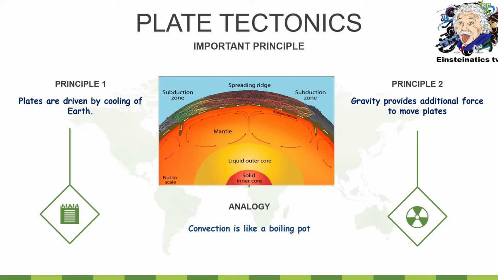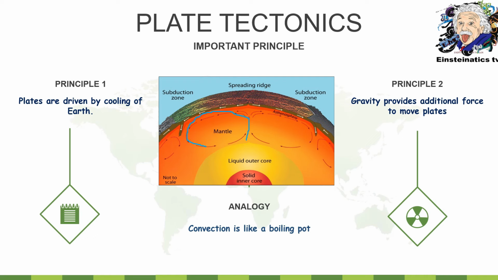So ano ba yung napapansin mo sa sinaing? 'Di ba? Napapansin mo na habang tumataas yung temperatura, ang tubig ay kumukulo. So i-compare natin. So yung magma, pag masyado nang mainit, it would rise up. Once it reaches the top, it would cool off or lalamig siya, and then it would be pushed back down.